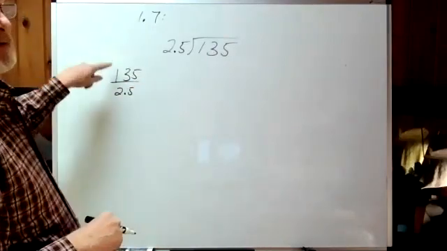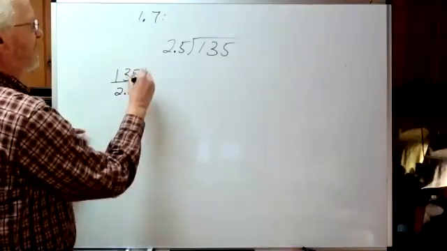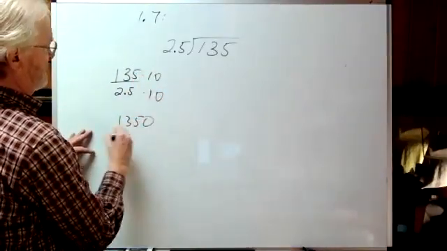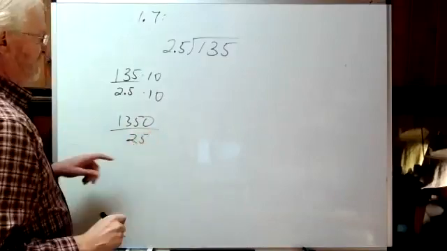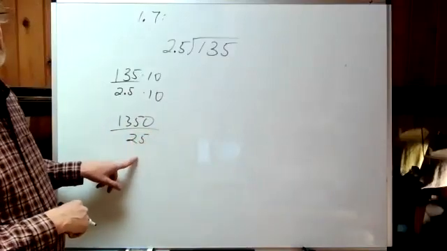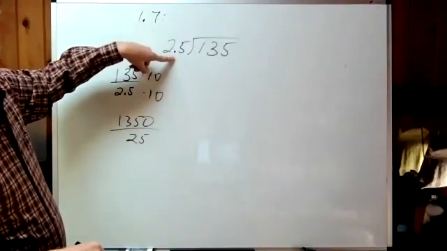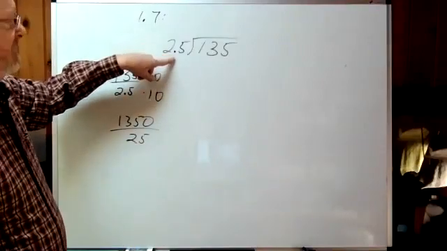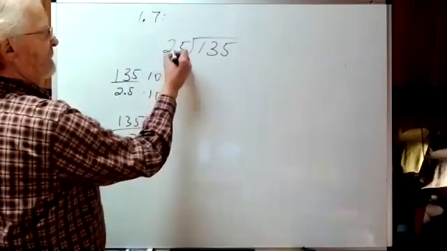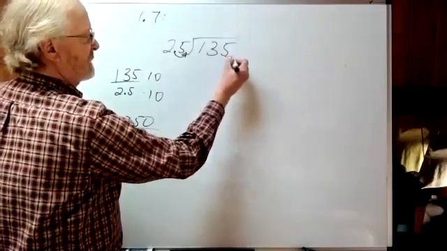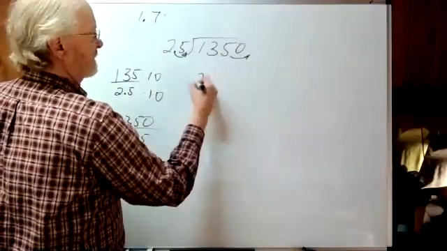I'm going to multiply the top and the bottom by 10, and I get this equivalent fraction with no decimal point. Basically, we're going to do the same thing here, probably in our heads. If I multiply this by 10, it moves the decimal over 1. If I multiply this by 10, it's going to move it over 1, so I have to put in the 0.